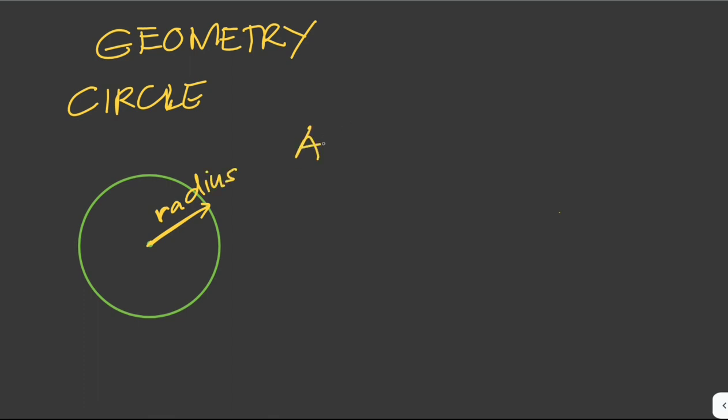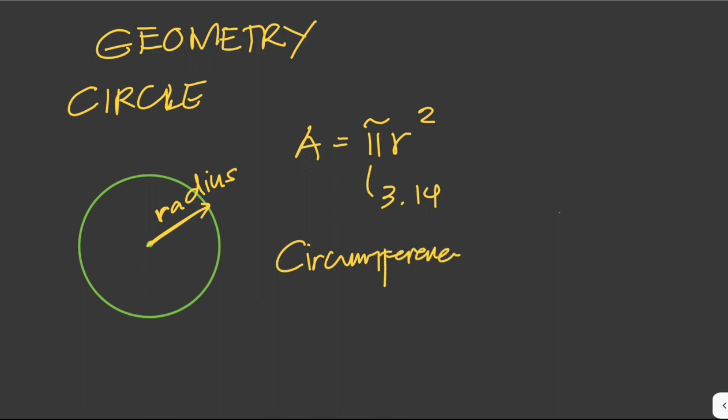And the area of the circle is just pi times the square of the radius. And pi is just equal to 3.14. And then the circumference of the circle is just equal to 2 pi times the radius.